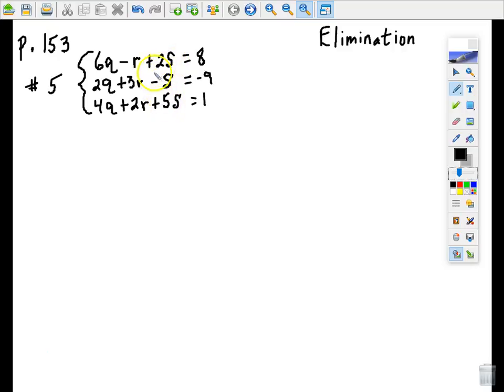Okay, so I'm going to put the first and the second. If you want to number these, you can. Here's 1, 2, and 3. So I'm going to pair equations 1 and 2 together.